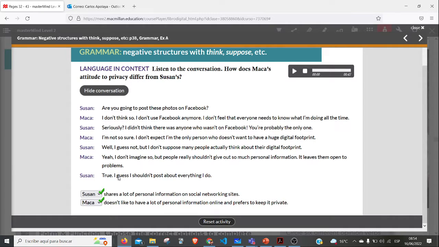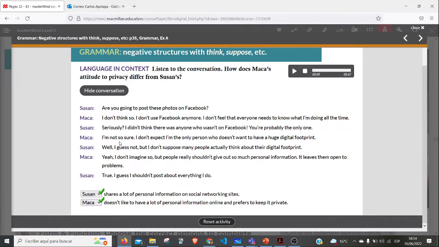Are you going to post these photos on Facebook? I don't think so. I don't use Facebook anymore. I don't feel that everyone needs to know what I'm doing all the time. Seriously, I didn't think there was anyone who wasn't on Facebook. You're probably the only one. I'm not so sure.